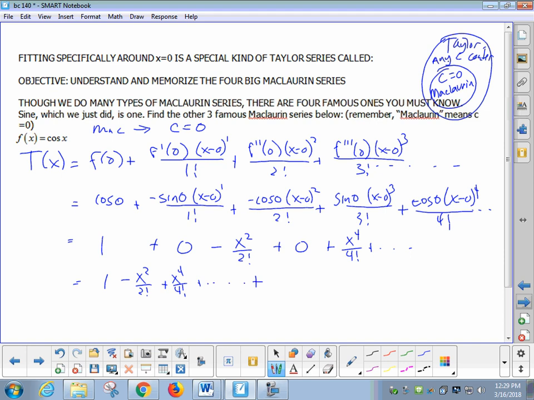Actually, I'm going to take that back. I require the first 3 non-zero terms, the general term, which is to say just with a general n in it, and then summation notation.